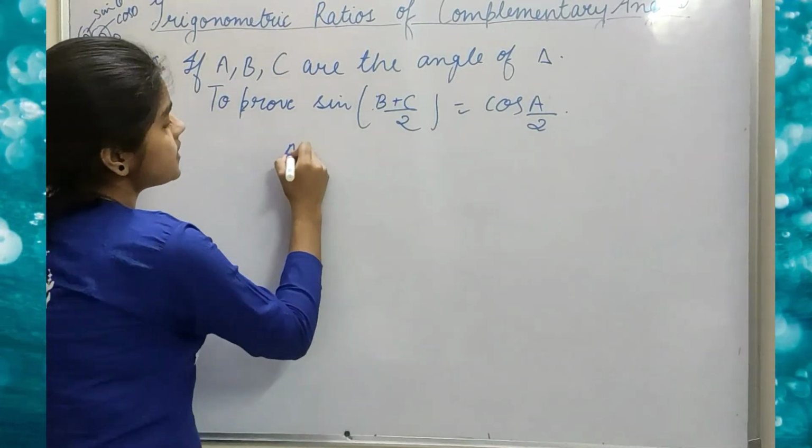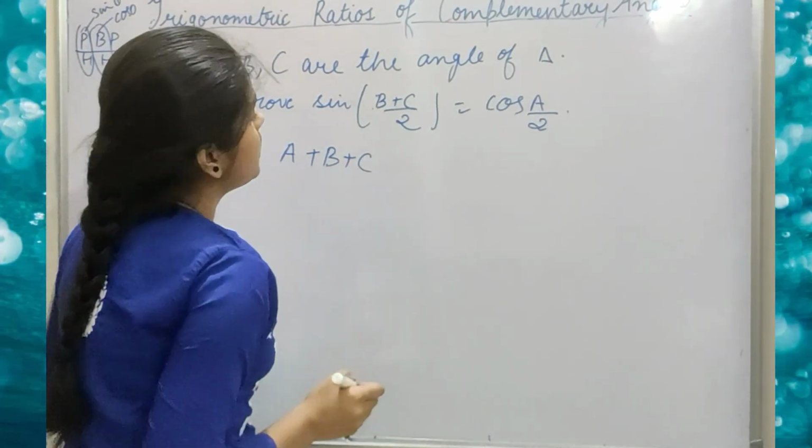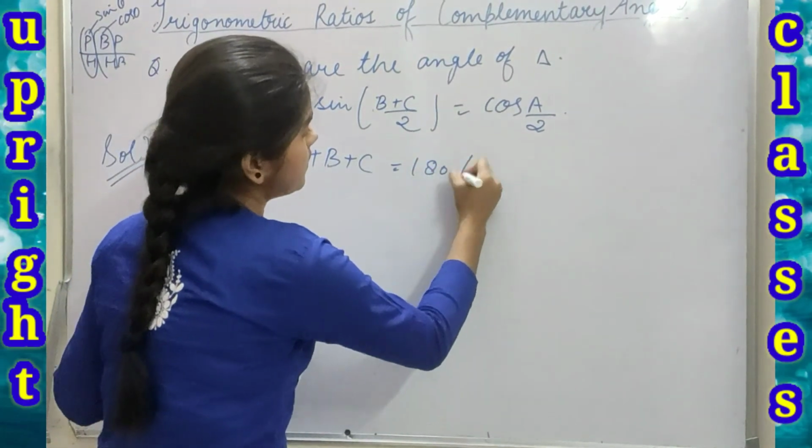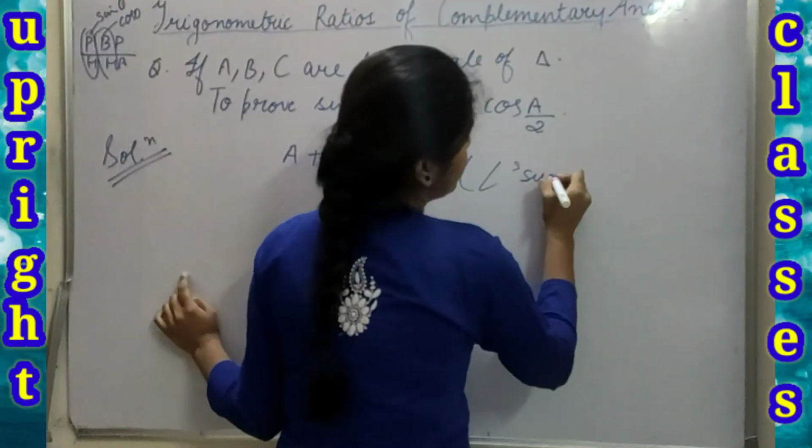As you already know, A plus B plus C is equal to 180 degree, by the angle sum property of triangle.